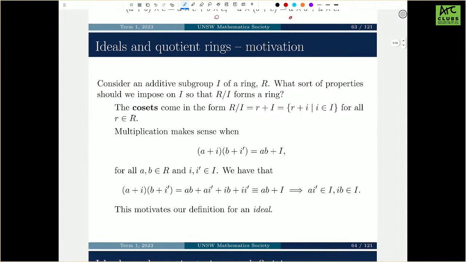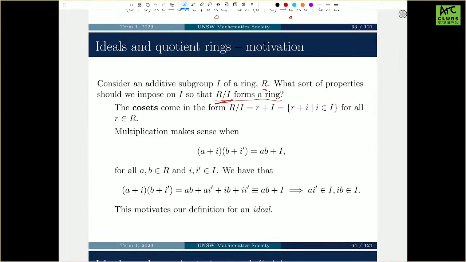Okay, onto ideals. So let's say we have some additive subgroup I of our ring R. We kind of want to mimic the idea of quotient groups. And we ask ourselves, what properties do we need on I so that R on I, which we know is a group, is also a ring?